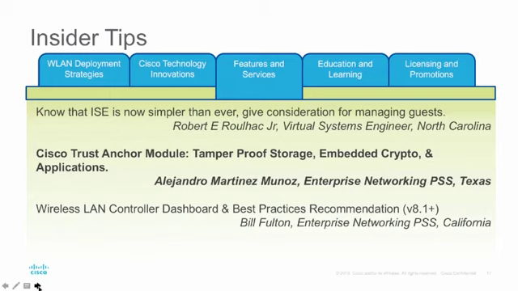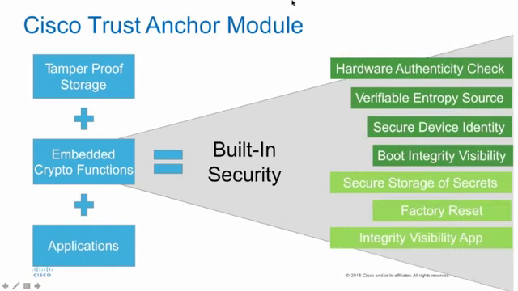I just learned of an additional thing that we have in these access points that is called the Trust Anchor module. And the Trust Anchor module is very relevant because in today's era, we keep hearing about security breaches.